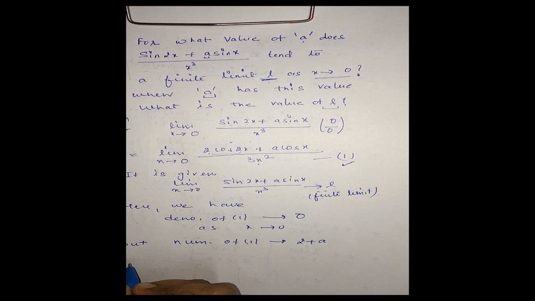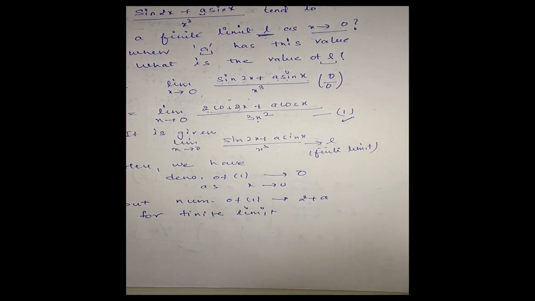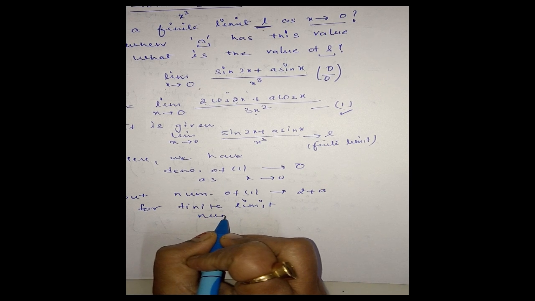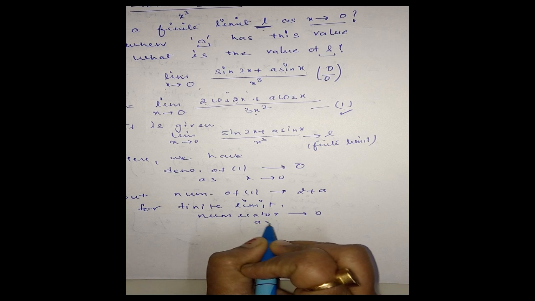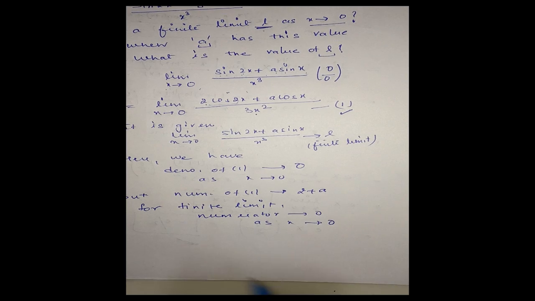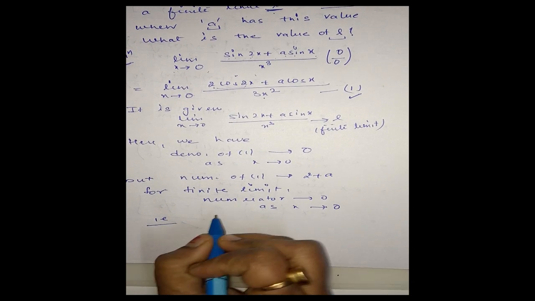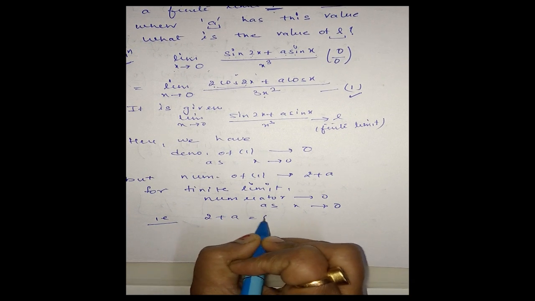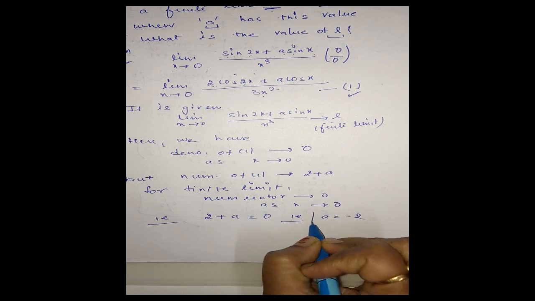Now for a finite limit, the numerator should tend to 0 as x tends to 0. That is, 2 plus a should be equal to 0. That is, a is equal to minus 2.